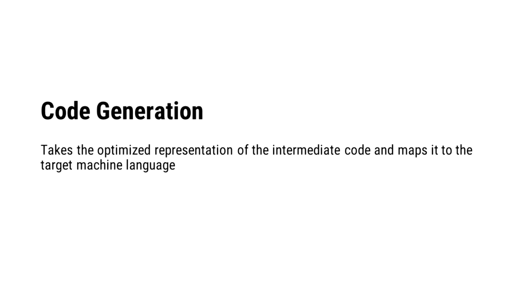So the code generator translates the intermediate code into a sequence of relocatable machine code. The sequence of machine code instructions performs the same task as the intermediate code would. And all this machine code is used to finally execute the source code on the CPU. So that's how the whole compilation process takes place.